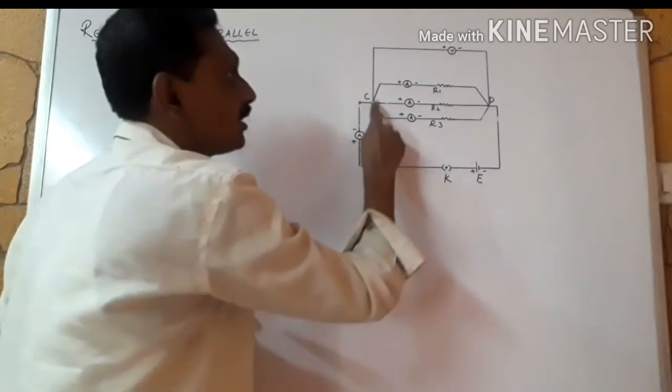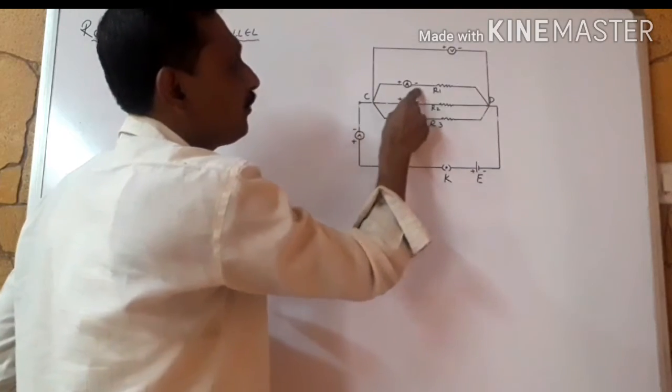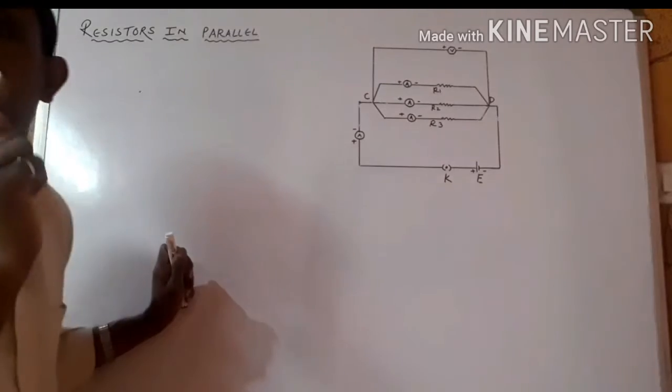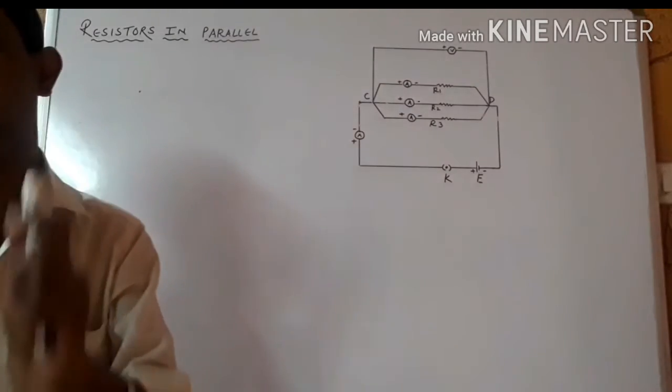Now here the current will differ. I1 will flow through this, I2 will flow through this and I3 will be flowing through resistor R3.